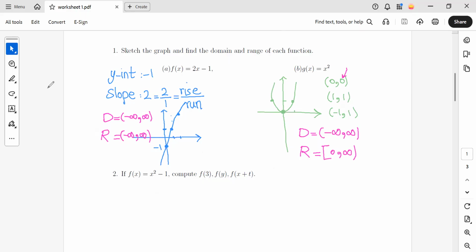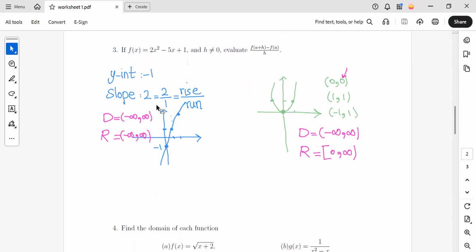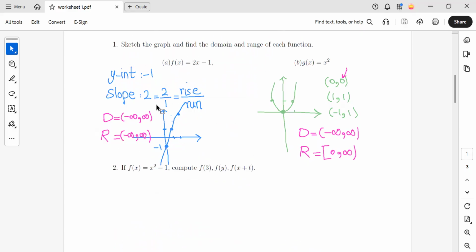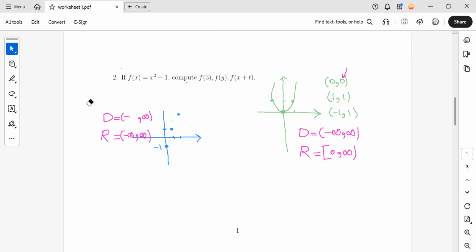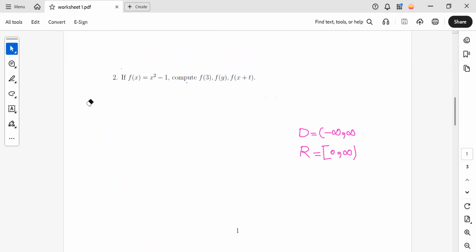Okay, let's do the second one. Number 2 is here. For question number 2, it says if f of x is x squared minus 1, find the amount of f of 3.